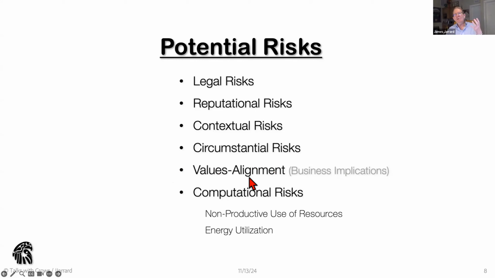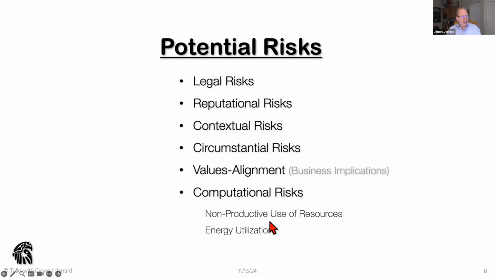That's a values alignment risk that I have to be careful of when I'm using an AI on a commercial site like Amazon. And then computational risk.